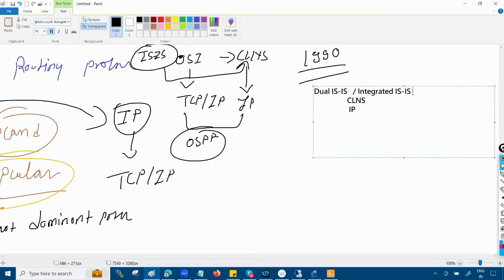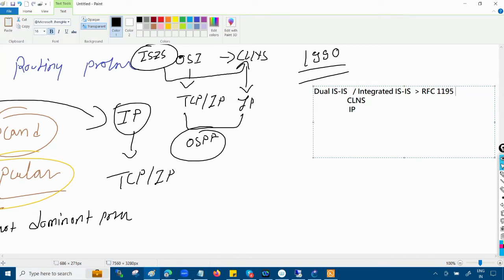Integrated means we can use the same ISIS protocol in both environments, CLNS or IP. The first RFC, 1195, was introduced for the ISIS protocol, and people gradually deployed ISIS in the market.